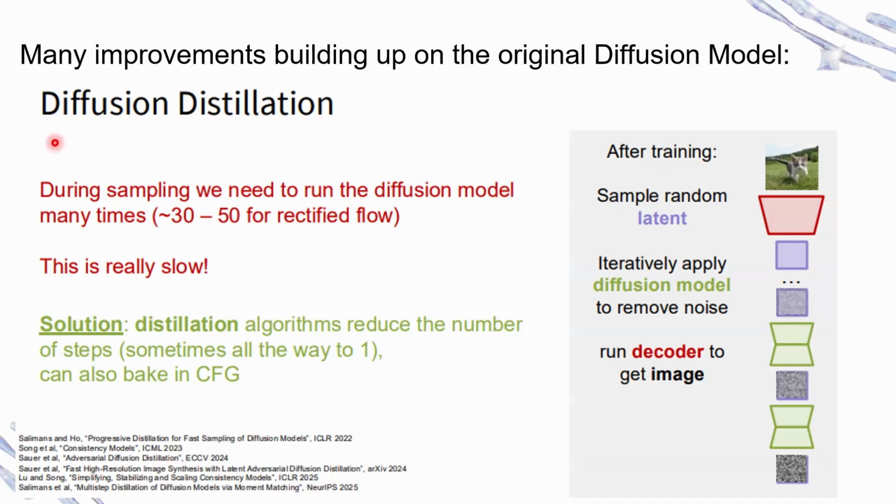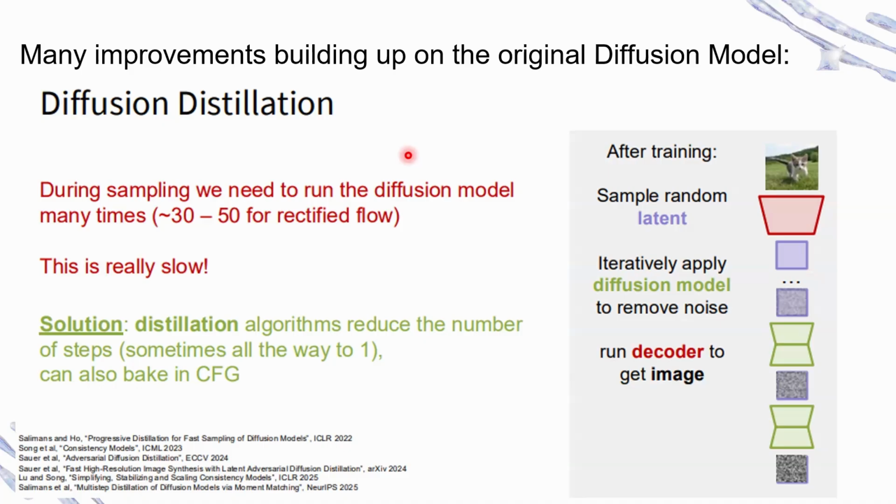Distillation in general is a technique used not just for images, but for language modeling as well. The idea is that we distill knowledge using a smaller model, and hopefully the smaller model will be able to perform faster and still give relatively good results as the original model.